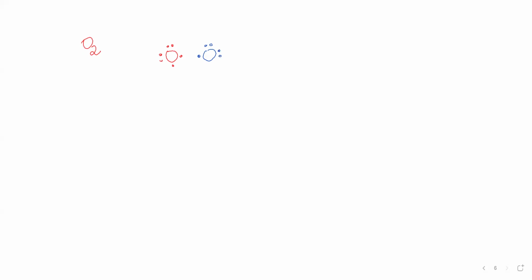Oxygen is in 6A, so it has 6 valence electrons. If it just shares one set of electrons, that means 2, 4, 6, 7. It only has 7 valence electrons.